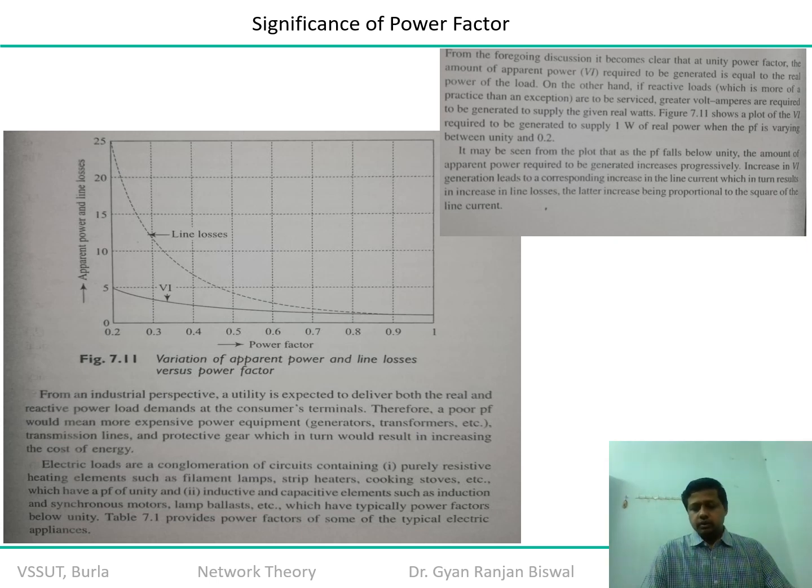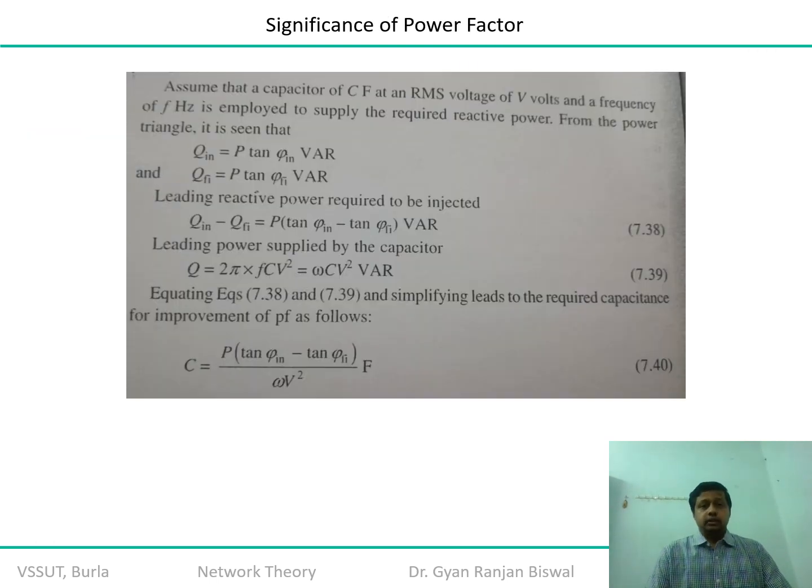To continue our discussions on the significance of power, a couple of mathematical relations are in front of you. You would appreciate the power triangle relationship in terms of the VAR, which also leads to the required amount of capacitance.